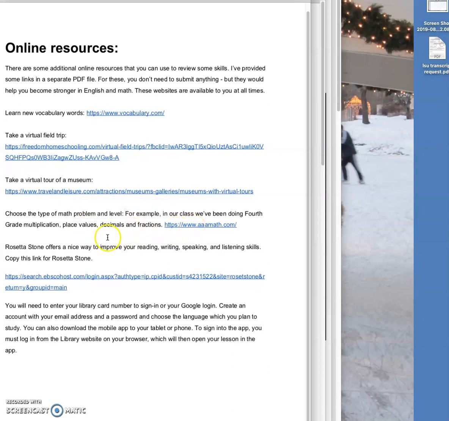And also, some of you have already used Rosetta Stone to improve your reading and speaking and listening skills. So here's the link right here. But you would need your library card number to actually log in. Or you could use your Google login to log in to be able to use Rosetta Stone. So these are just resources that are available to you anytime you want, all during the week.